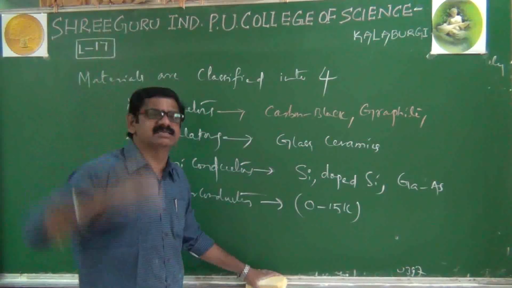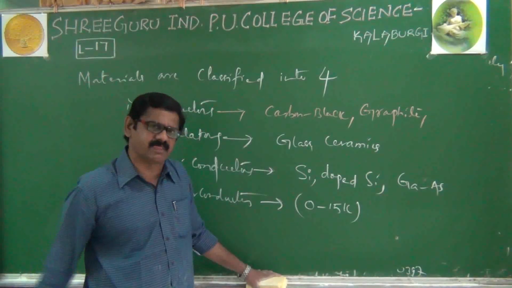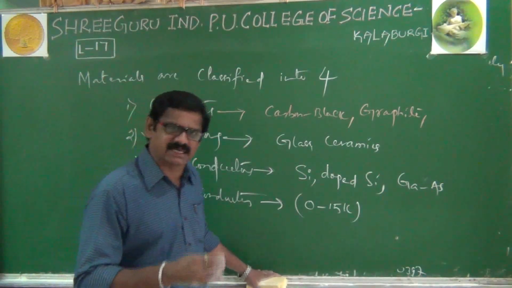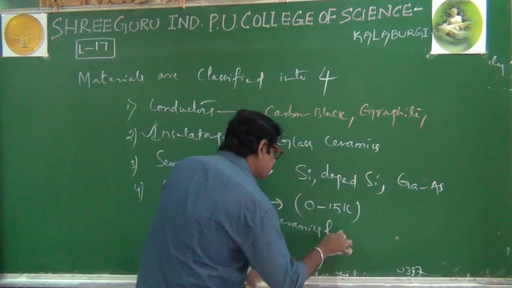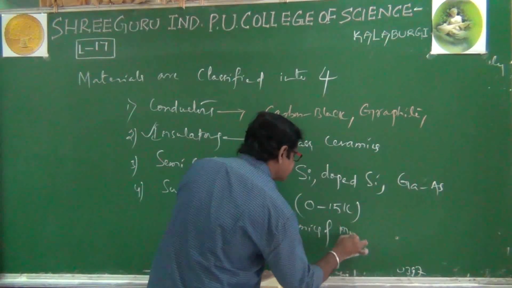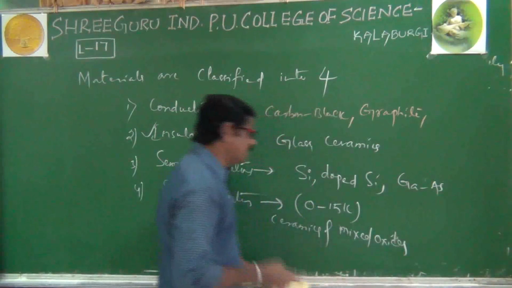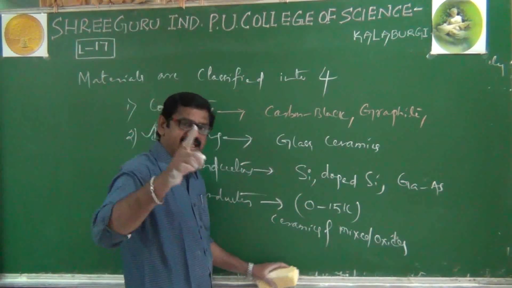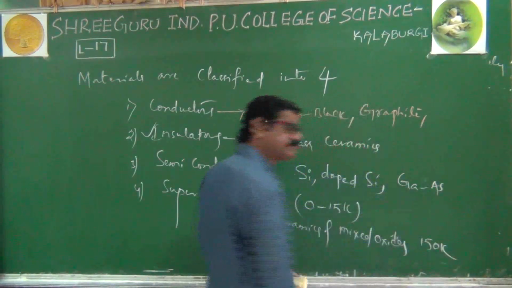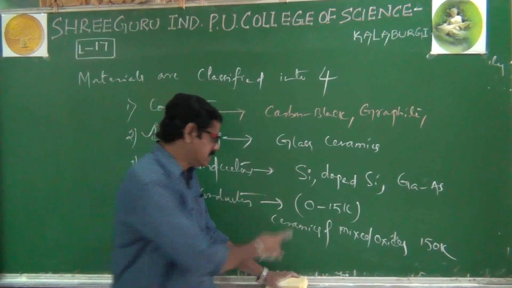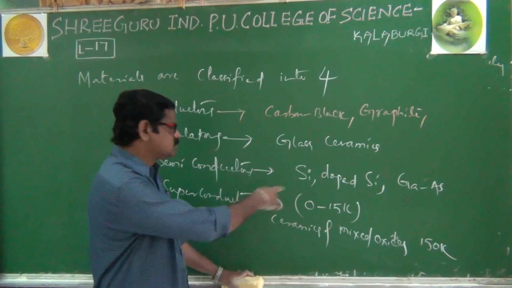But nowadays we are using ceramic materials, some metal oxides, mixed oxides, as superconductors at very high temperature, that is above 150 kelvins.